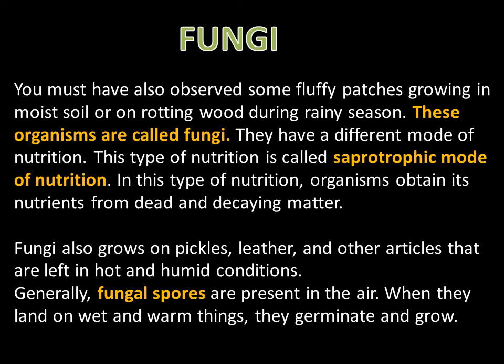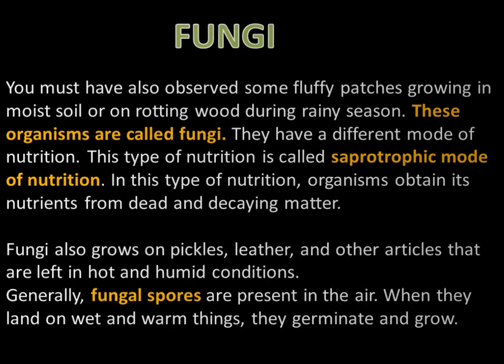Fungi also grow on pickles, leather and other articles that are left in hot and humid conditions. Now in the rainy season, both conditions appear, hot and humid. So some examples for fungi are pickle, leather and other articles. Generally, fungi are made from fungal spores. When they land on wet and warm things, they germinate and grow.